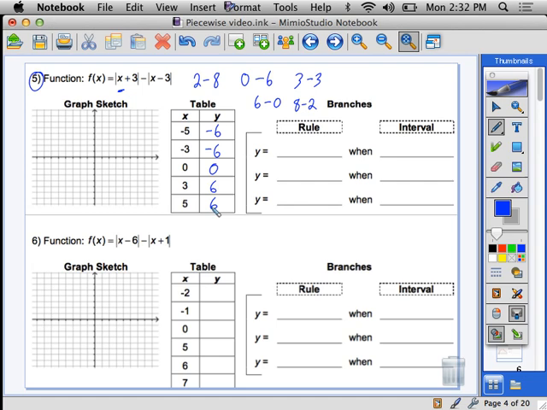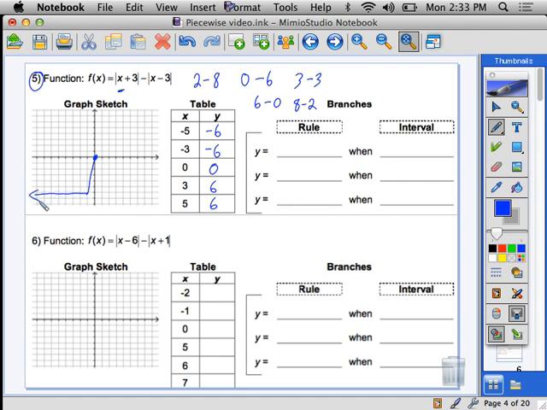All right, so I have this intersection right here at 0, 0. If x is a negative value, my y is going to be negative 6. Let's see, 2, 4, 6. So I'm going to be down here. And it's going to stay at negative 6 the whole time.